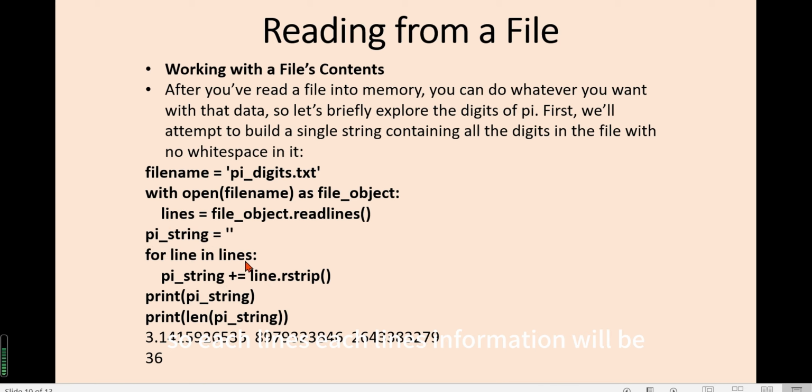So each line's information will be rstripped, then added to the pi string. In the end, when the for loop finishes, the pi string will be a long string without the white space, but you can see here it also has one space. So we can print the length of this string: 36.